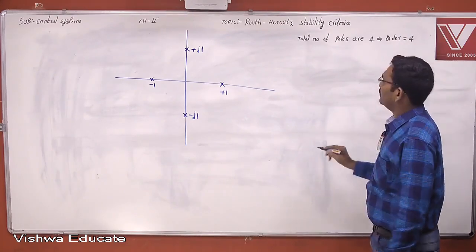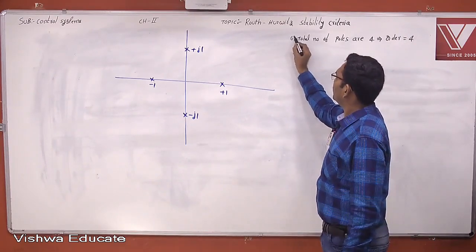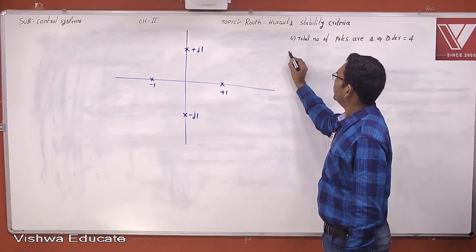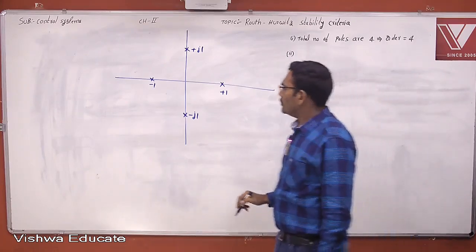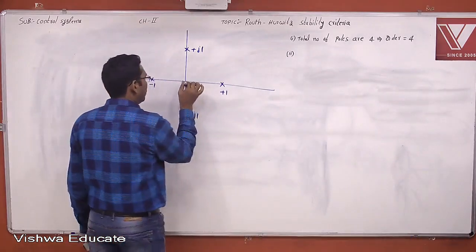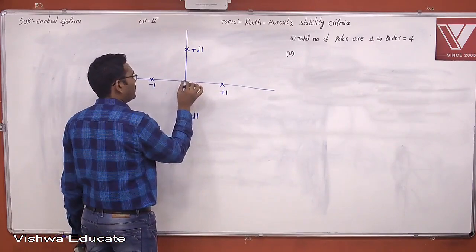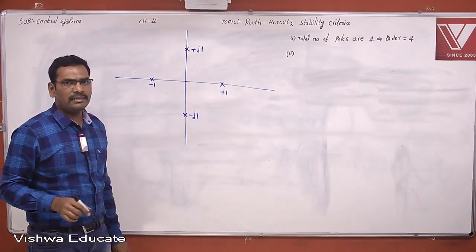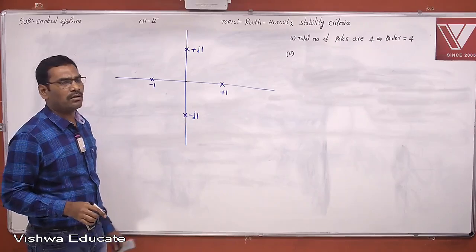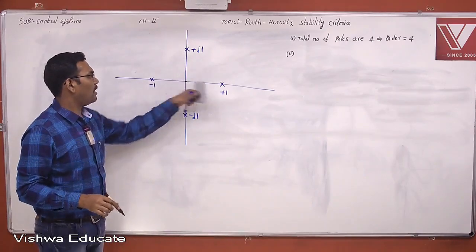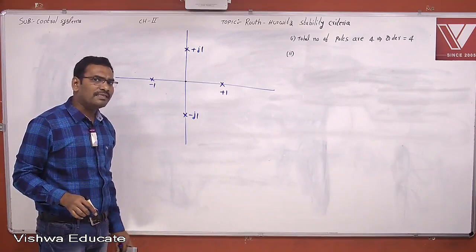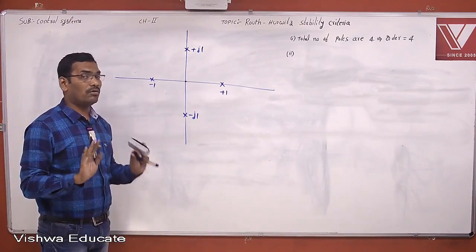Is it right or not? Now this is the first point. And the second point: with respect to origin, there exist symmetrical poles or not? Yes, symmetrical poles, which are repeated or non-repeated? No, there is no repetition.